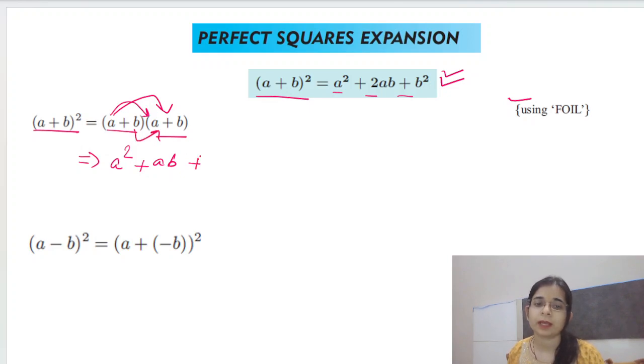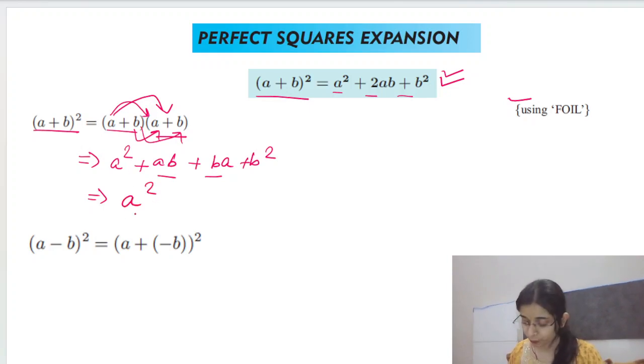Then b multiplied by a is ba, and b multiplied by b is b square. Now ab and ba are the same because, as I told you, 5 multiplied by 4 and 4 multiplied by 5 are the same. That's the commutative law of multiplication. So these are two same things, and you can add these two like terms, and you will get a square plus 2 times ab plus b square.